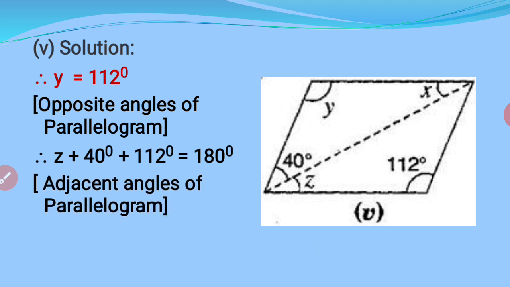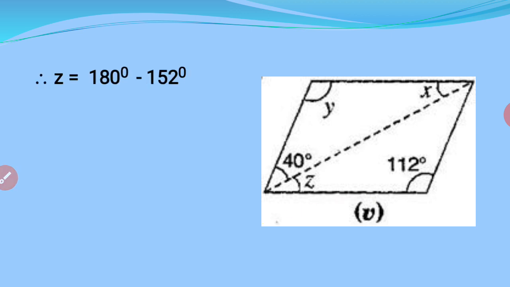The reason is adjacent angles of a parallelogram, they are supplementary. Here we are considering this angle and this angle. They are adjacent angles of the given parallelogram, therefore they add up to 180 degrees. We can easily solve and get the value of z, which comes out to be 28 degrees.